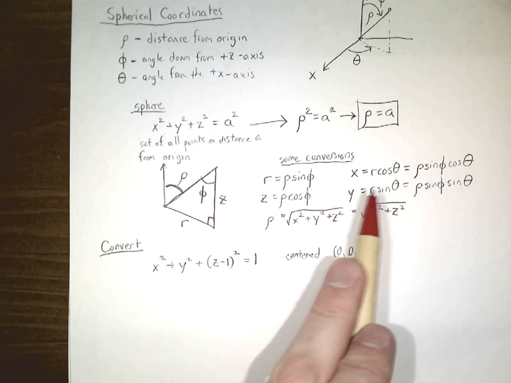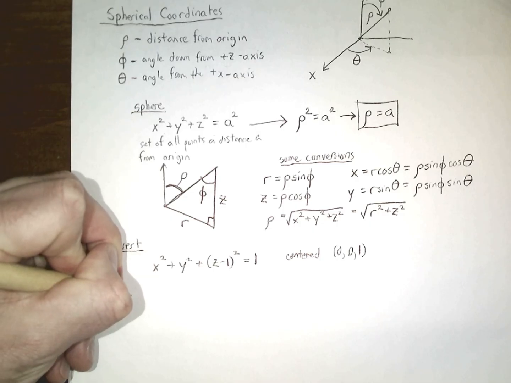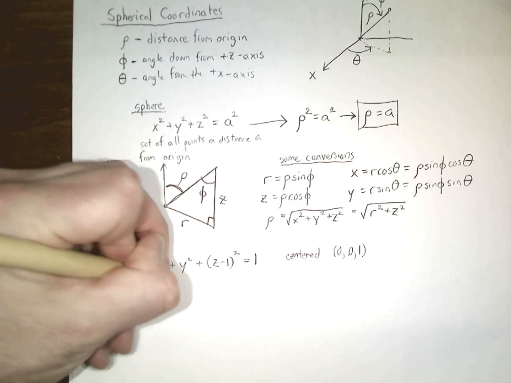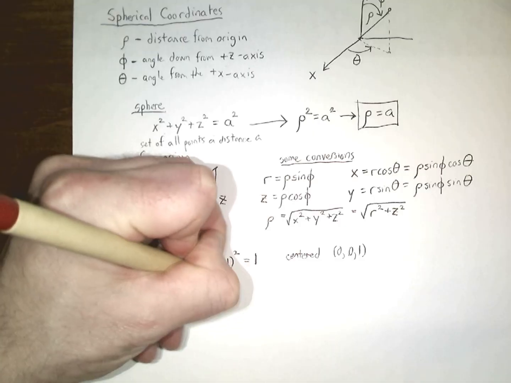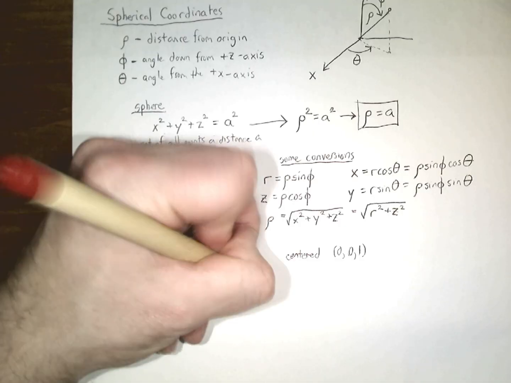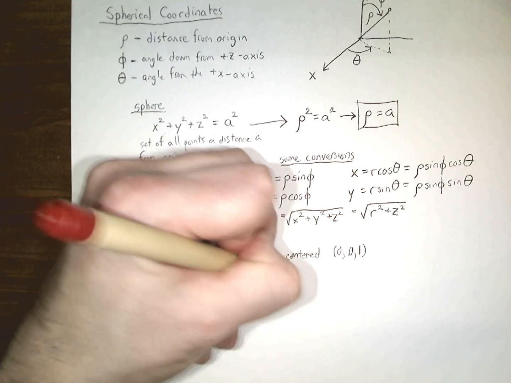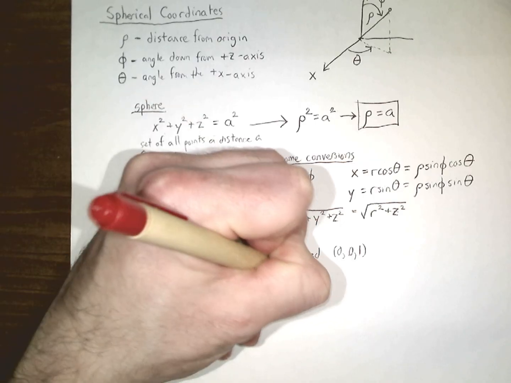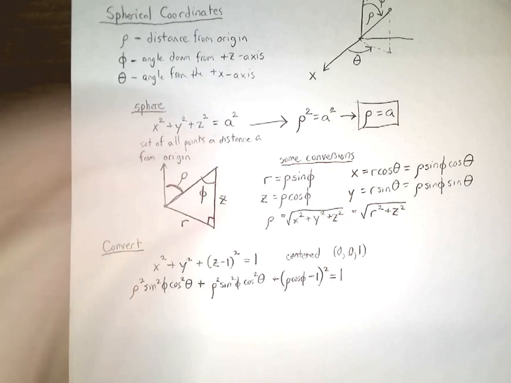Well, we're going to take our conversions up here and substitute them into the Cartesian expression below. So look at this. We get rho squared sine squared phi cosine squared theta plus the same thing for y, but it's a sine squared theta at the end. Z, we're going to leave in parentheses for now, but it's going to be rho cosine phi minus 1 squared equals 1.